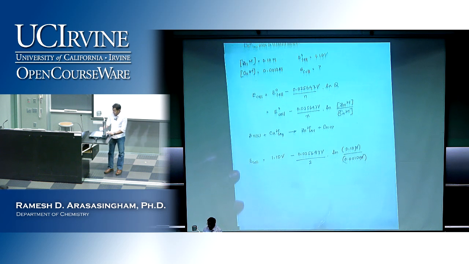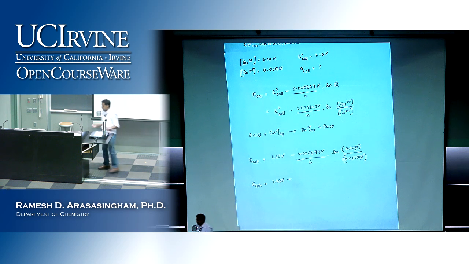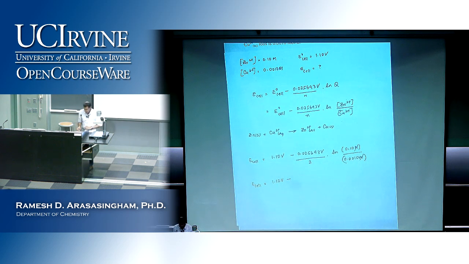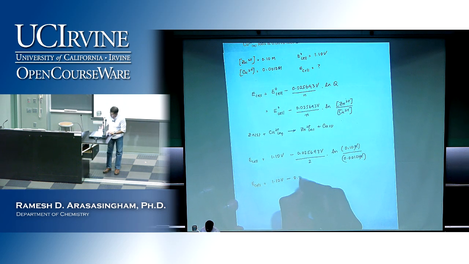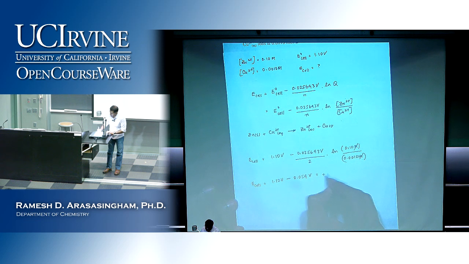All right, and so what I'll end up with, E cell equals 1.10 volts minus, and if you put all these numbers into the equation and solve, it comes out to be 0.059 volts. And if you subtract that, it comes out to be plus 1.04 volts.